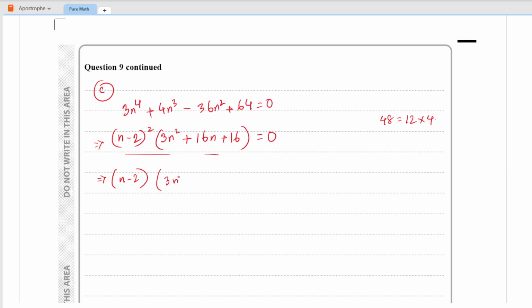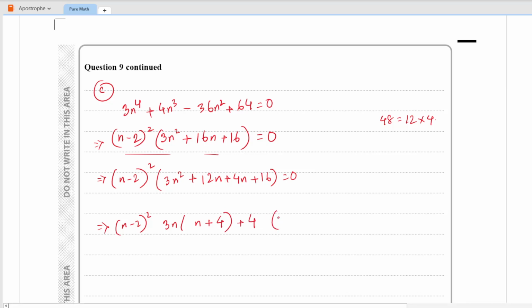So 3n squared plus 12n plus 4n plus 16 is equal to 0. If we take 3n common, we are left with n plus 4. And if we take 4 common, we are left with n plus 4. The whole thing is inside another bracket. Don't forget that bracket.